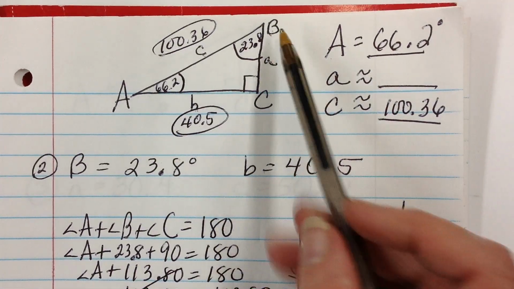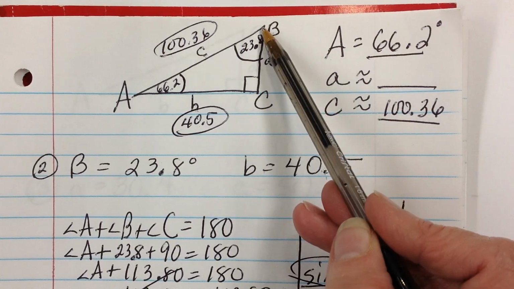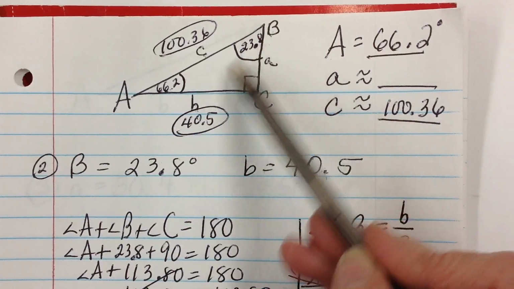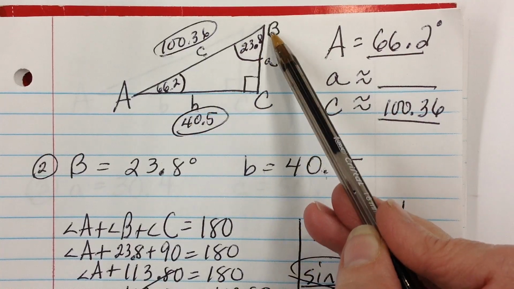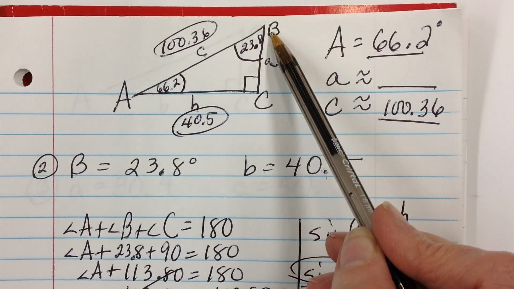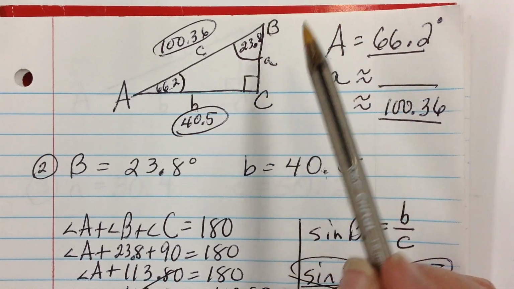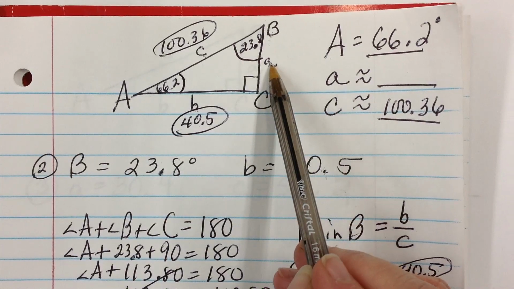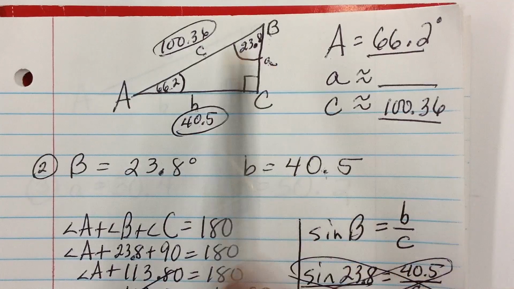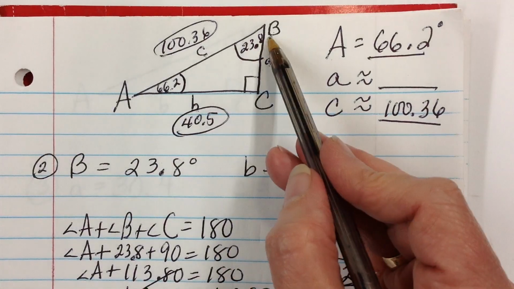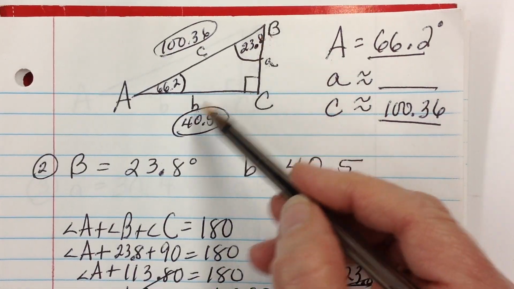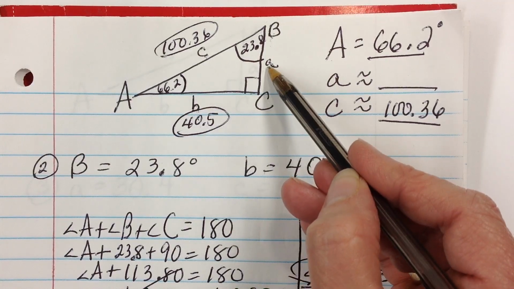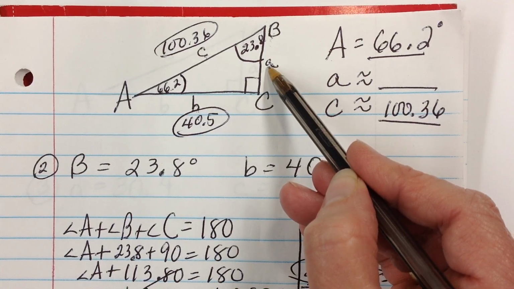So what relationship, if I use angle B, is side B? Well, it's opposite. What relationship is side A to angle B? It's adjacent. Okay? So, with angle B, I have opposite and adjacent. Therefore, that is tangent.